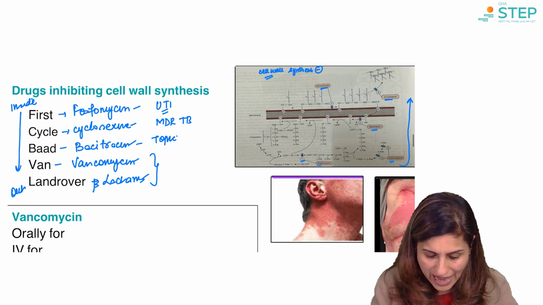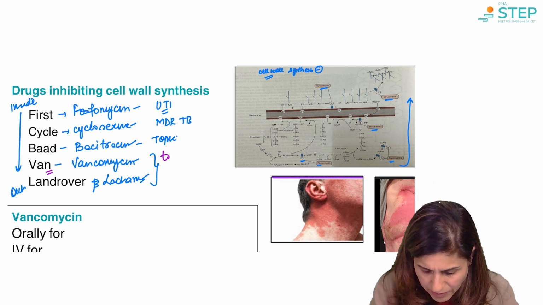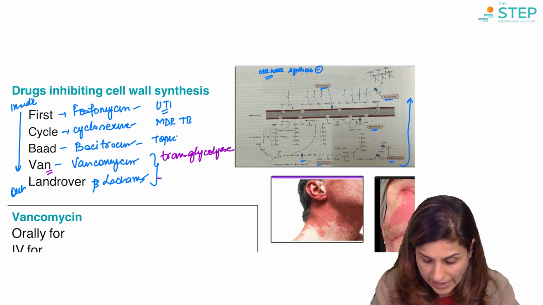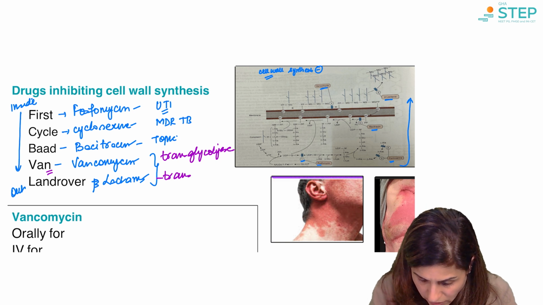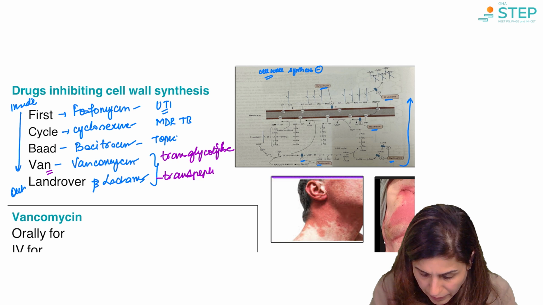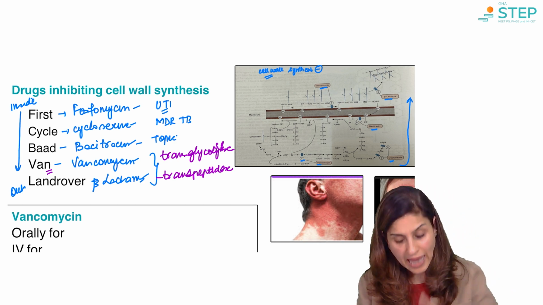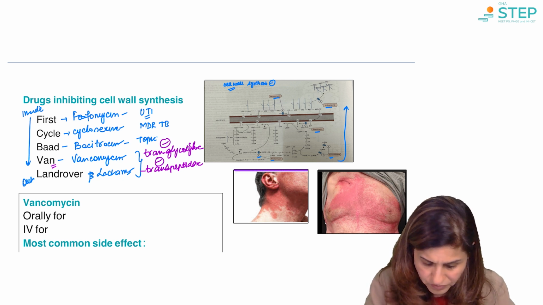So this acts just before beta-lactams. So there is an enzyme transglycosylase, right? And this is transpeptidase. So these are the two different enzymes or steps where they act. So they are going to inhibit this particular step.